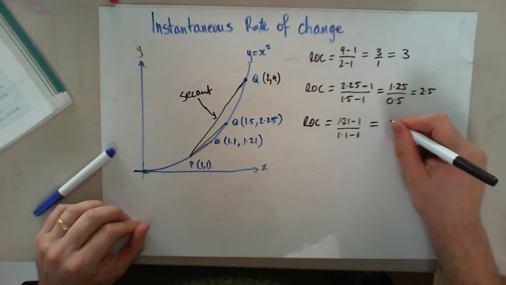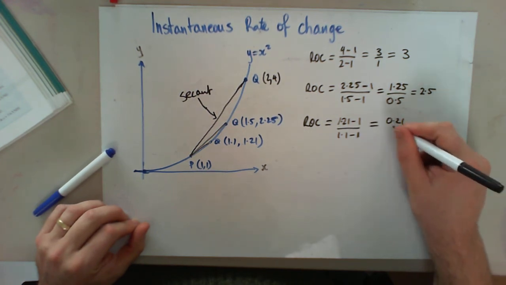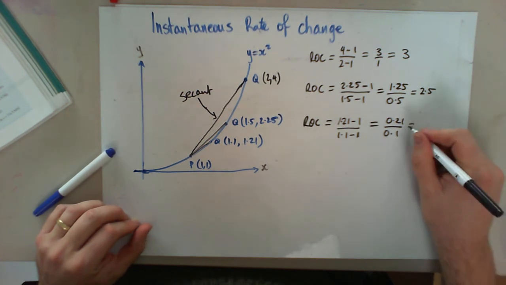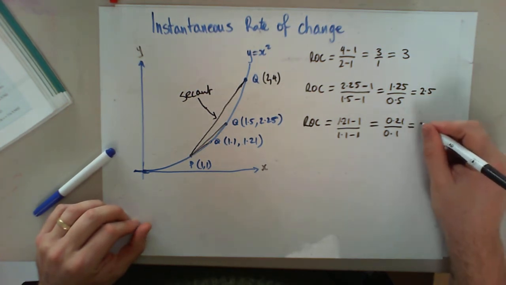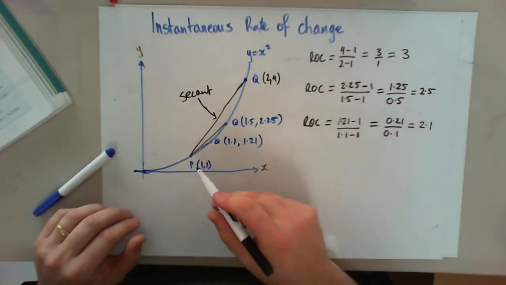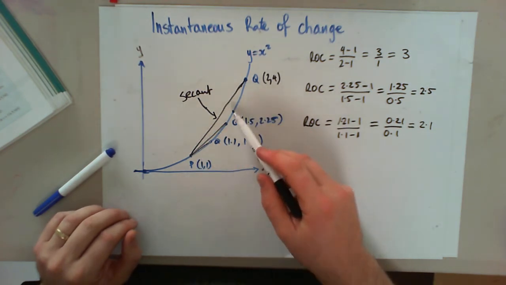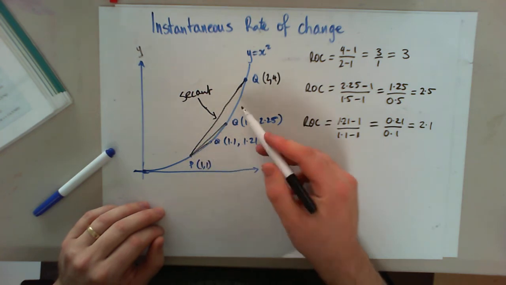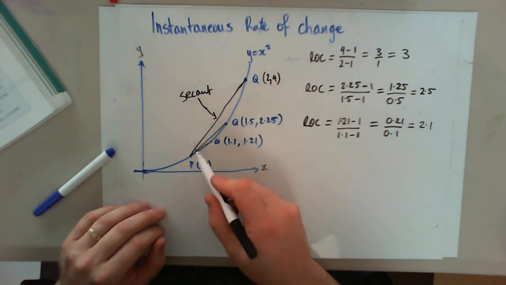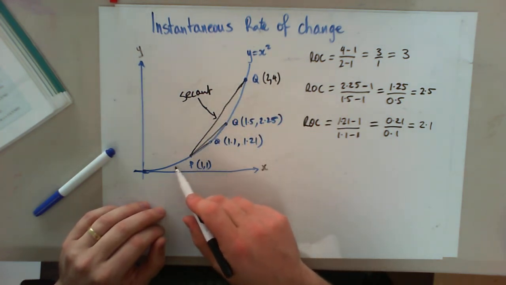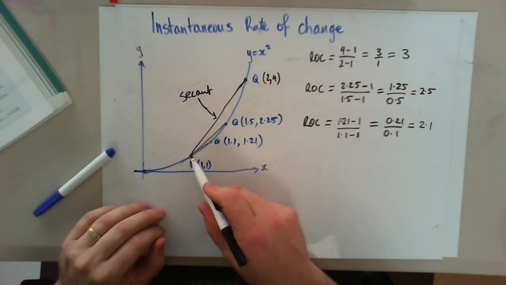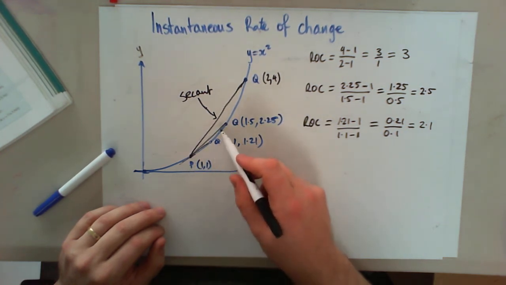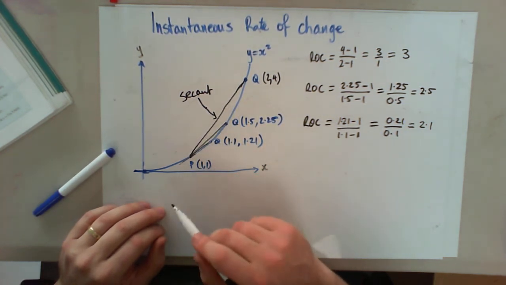So that's going to give us 0.21 divided by 0.1, which is a rate of change of 2.1. You can see that we're getting closer and closer to the actual gradient that we want. This first line wasn't a particularly close approximation to our gradient at this point, but this one's closer and this one's closer again.